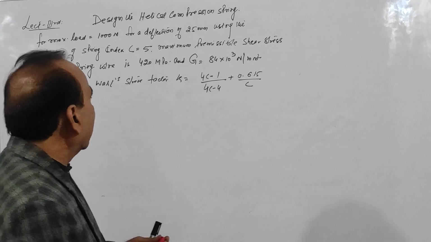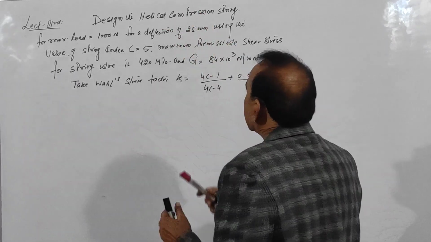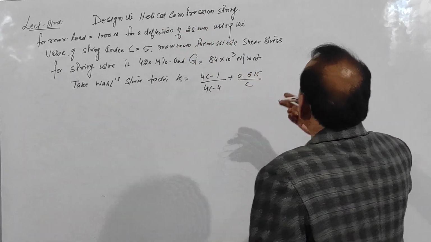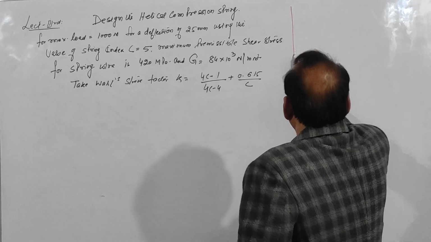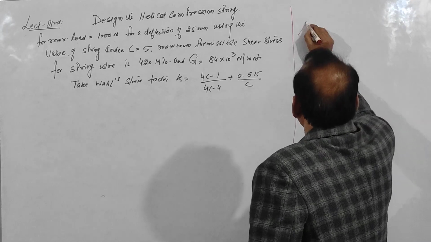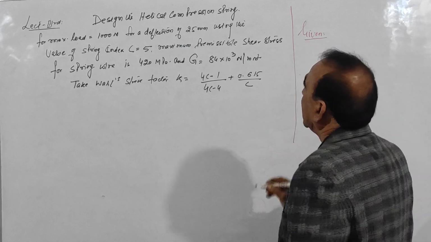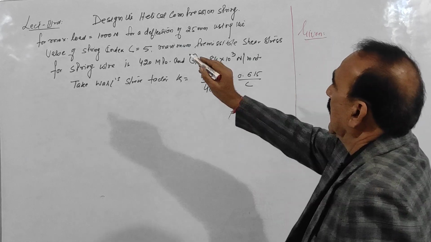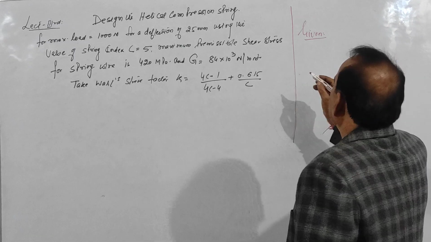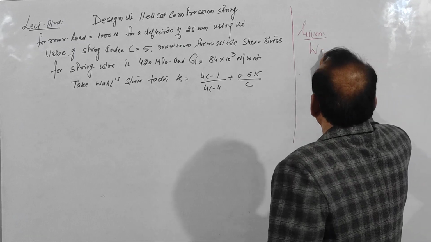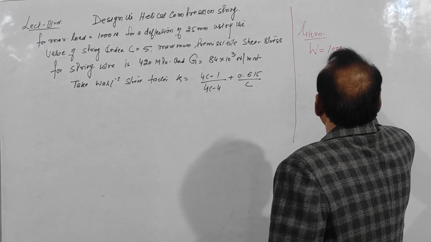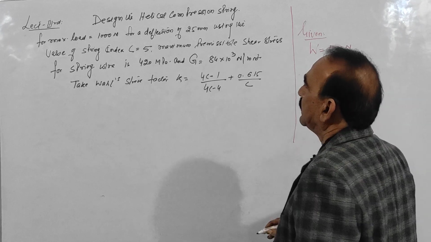So you see here, what have they written? Design the helical compression spring. So first I will write down the given. आपको दिया क्या है ये आप लिख लीजिए. Maximum load, that is W, is given 1000 Newton.